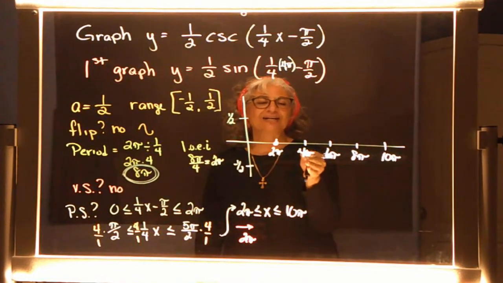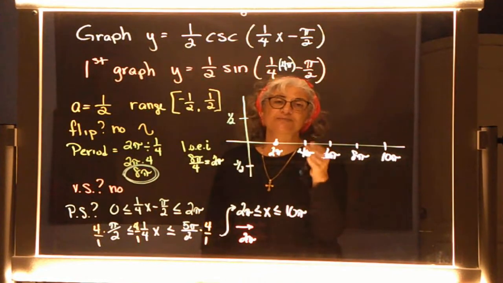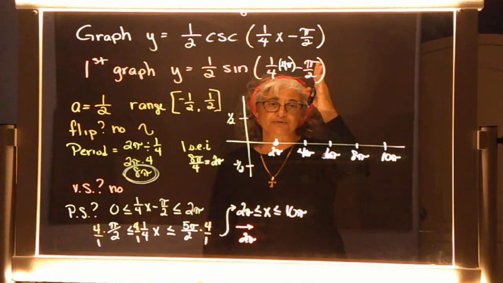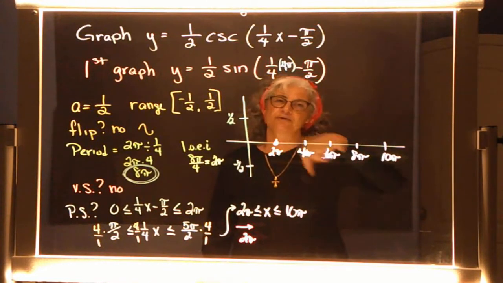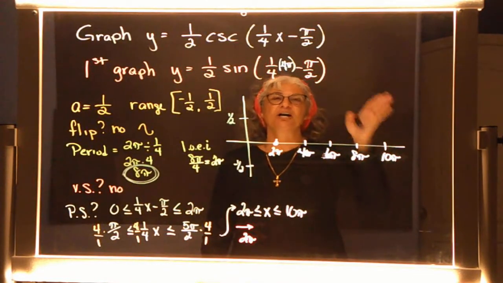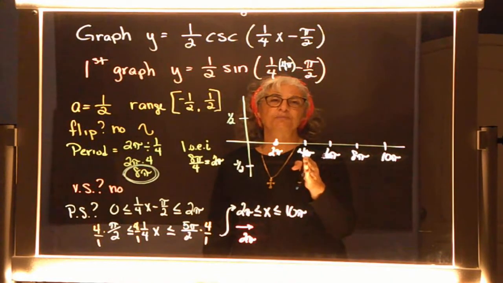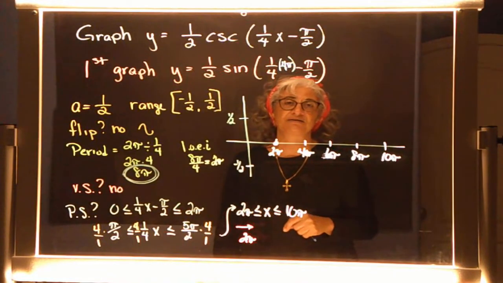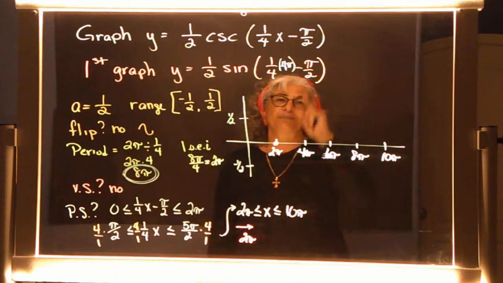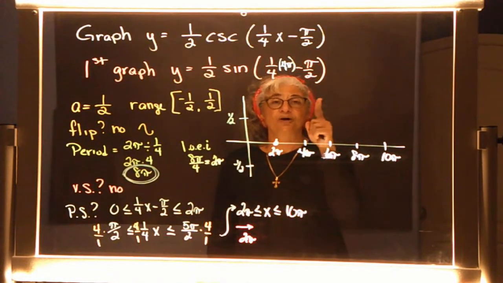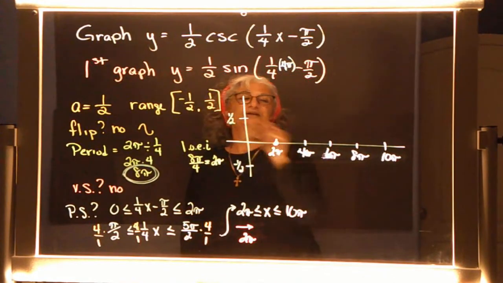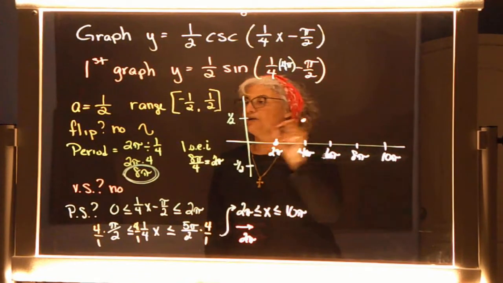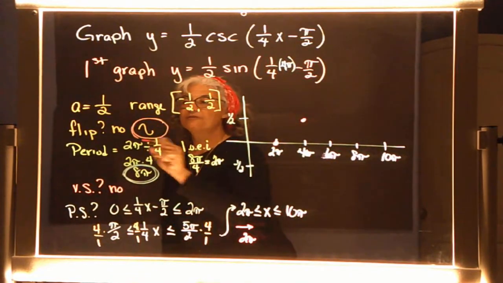My second angle I should be taking the sine of is pi over 2, because remember the circle. 0, pi over 2. And then pi, 3 pi over 2, back to 2 pi. So my second angle, this 4 pi, takes me right back to pi over 2, which is exactly where it should have taken me. So what's the sine at pi over 2? Good, 1 times a half. Excellent, 1/2.